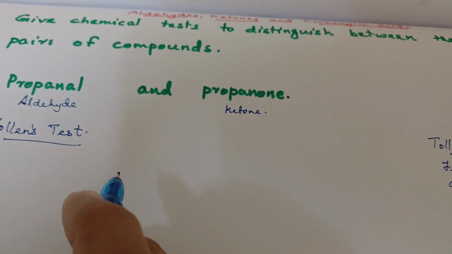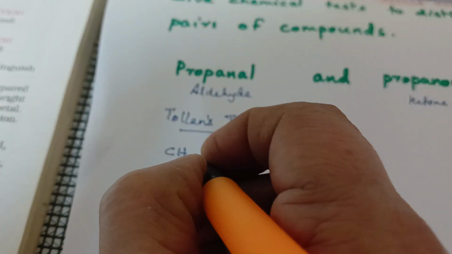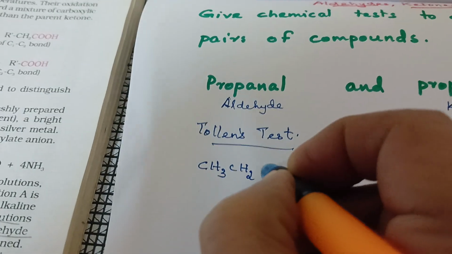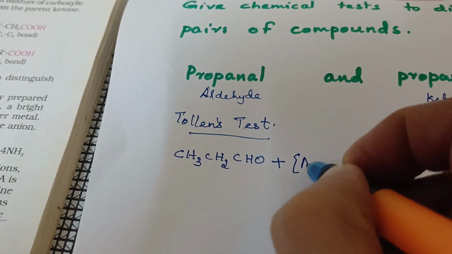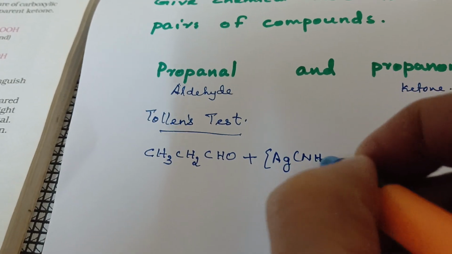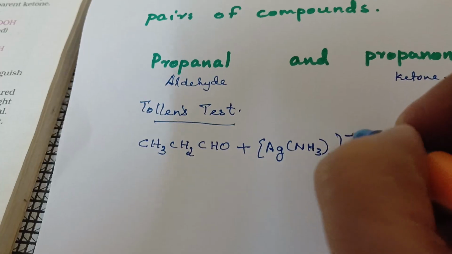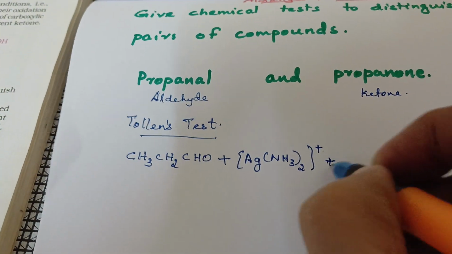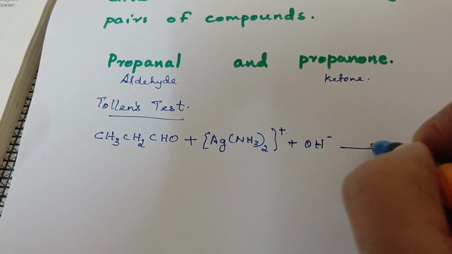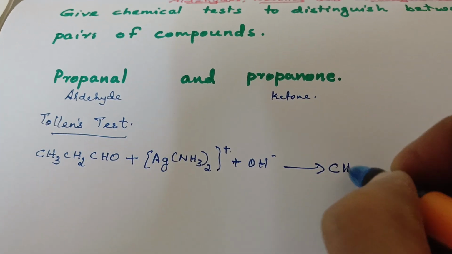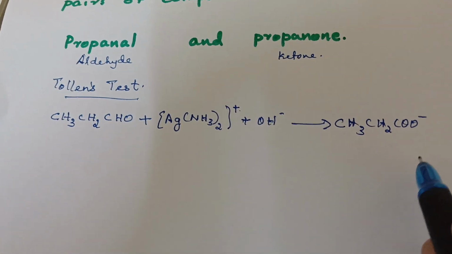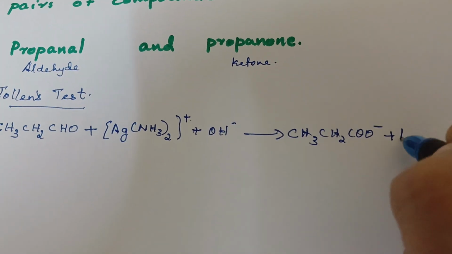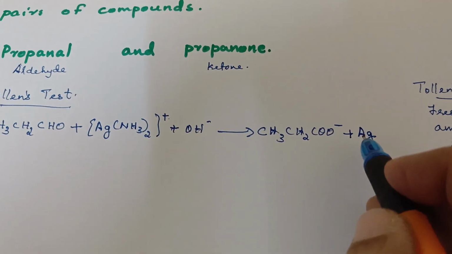So the aldehyde, here we have propanal, that is CH3CH2CHO. This is heated with Tollens reagent, that is Ag(NH3)2 plus, in alkaline medium. You will be getting CH3CH2COO minus, the carboxylate anion, and metallic silver.